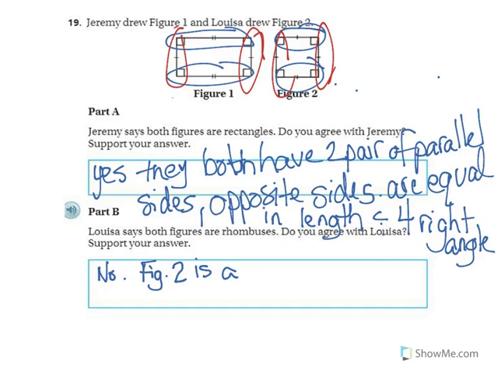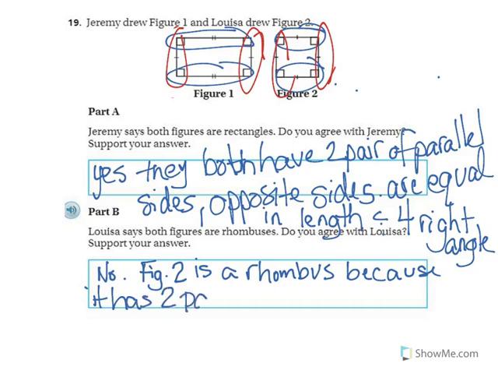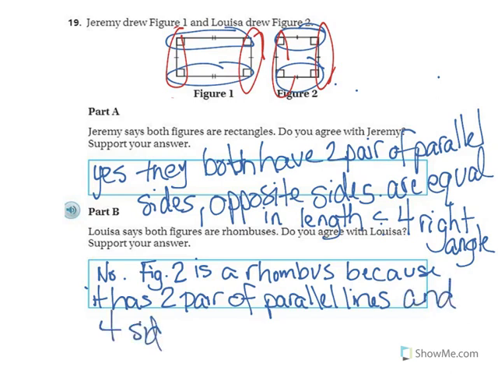is a rhombus because it has 2 pair of parallel lines and 4 sides of equal length.